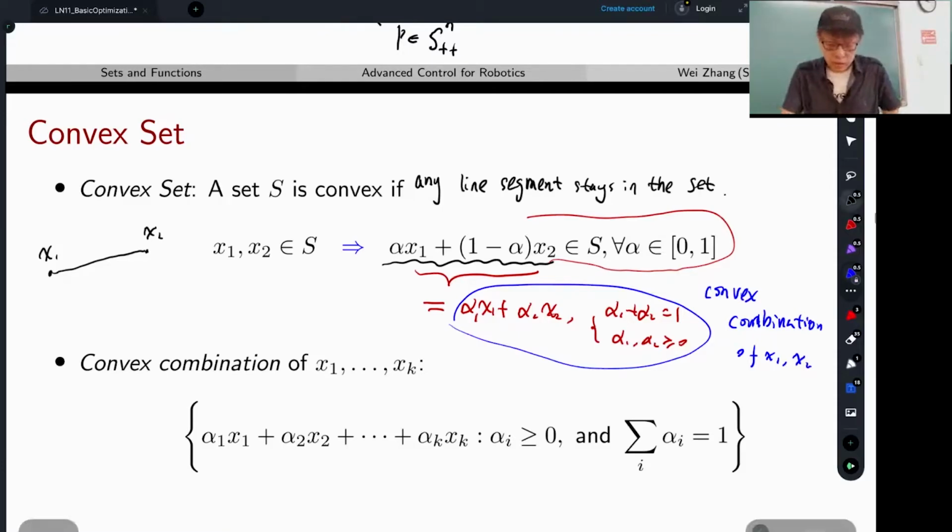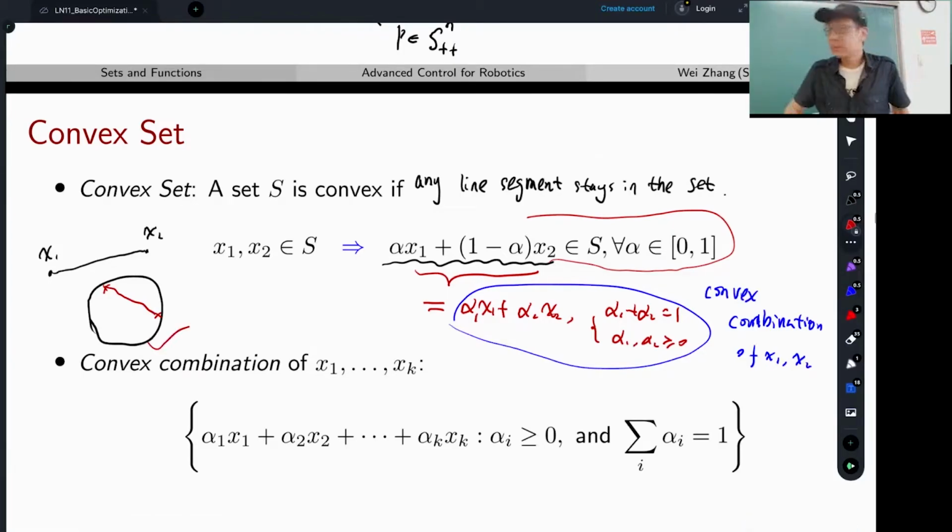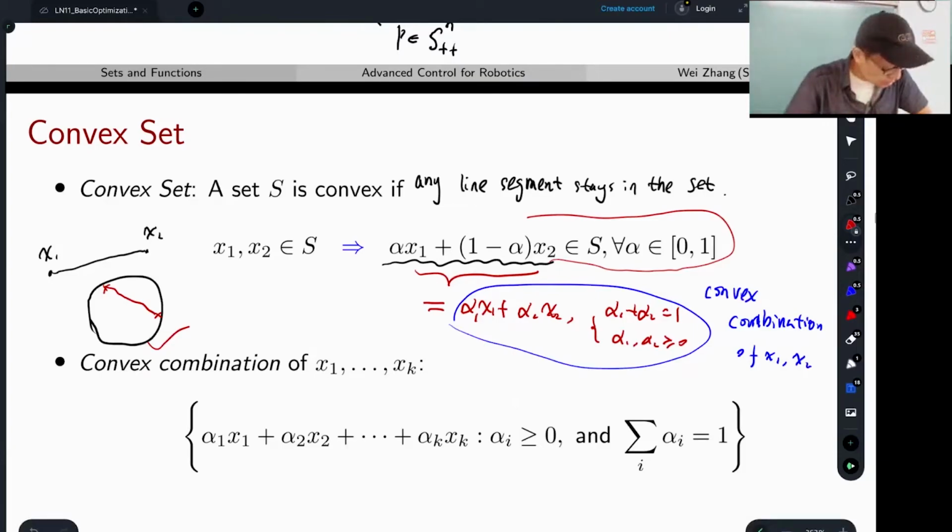Okay, some terminology. If a set is convex, let's say I have a circle. I don't think the way I draw it is convex, but let's assume it's a circle. If you take any point in the set, you draw a line segment, it stays in the set. So this guy is convex. Maybe this guy is convex or not, Yonghan?